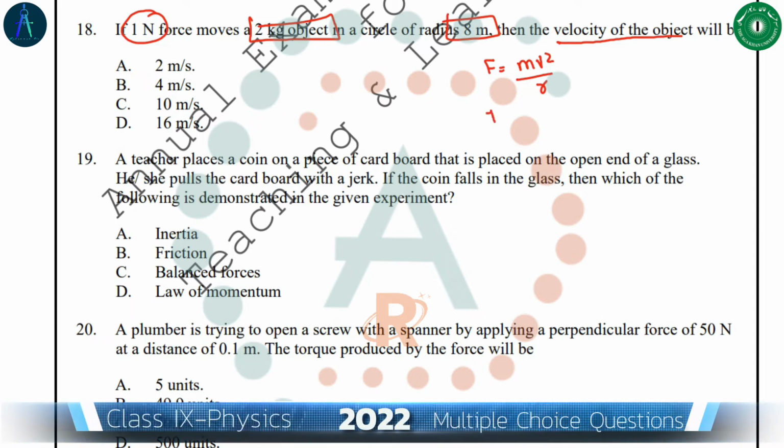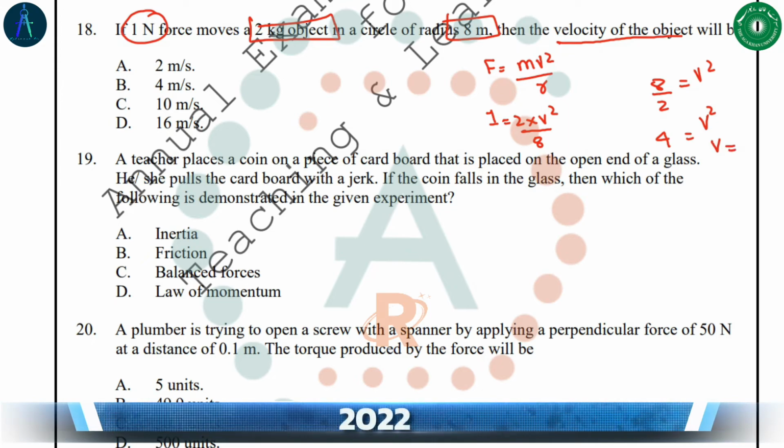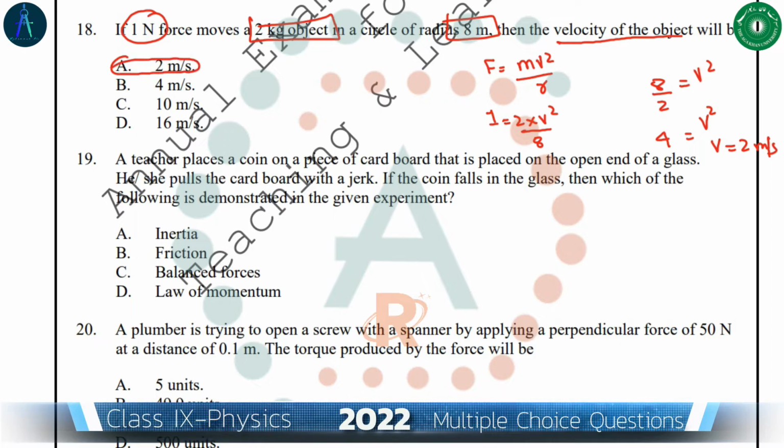Force is 1, mass is 2, the radius is 8, and we have to find the velocity. So the velocity square will become 8 over 2, which equals 4. Taking the root on both sides, velocity will become 2 meters per second. So the correct answer is option A.